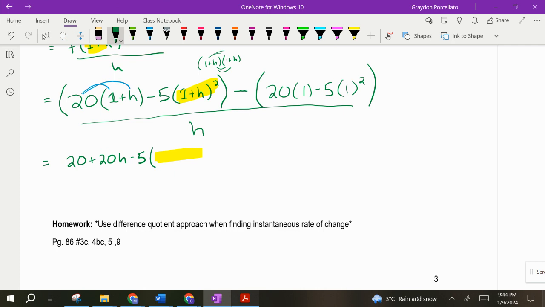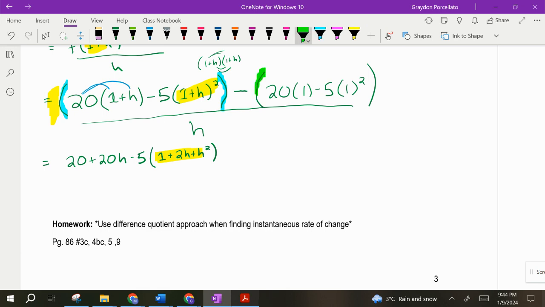So that will be 1 plus 2h plus h squared if I FOIL that. Now, because there's nothing in front of this bracket, I'm removing the big brackets.